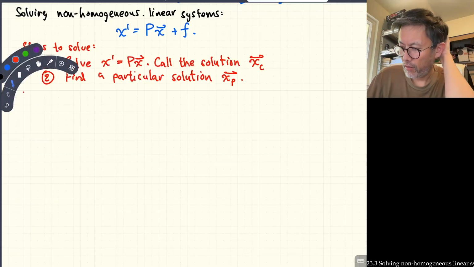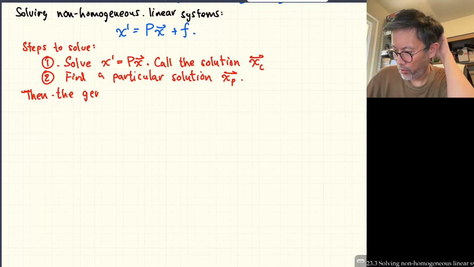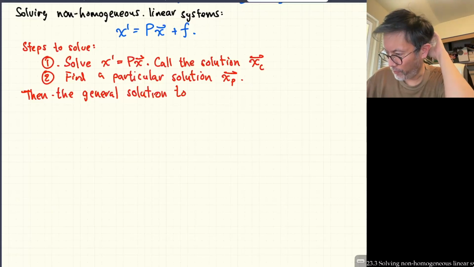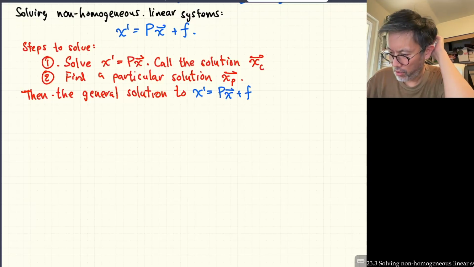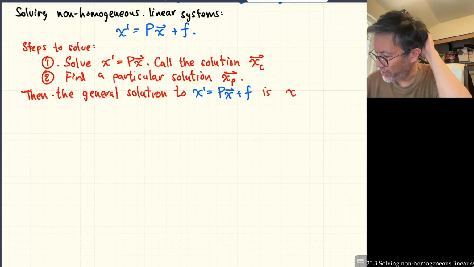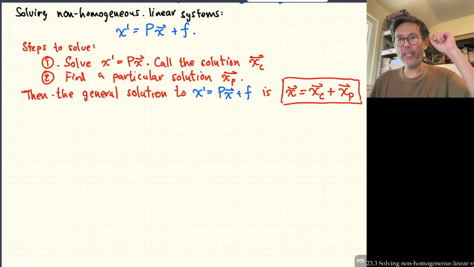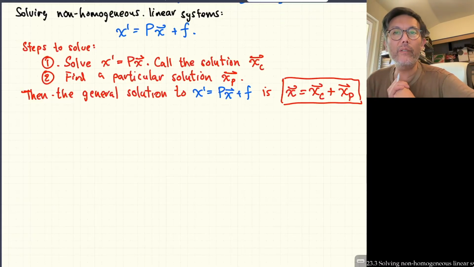Then the general solution to this equation, x prime equals Px plus f, is x equals x sub c plus x sub p. Okay? Now, I won't go through the details and check this. You can check this yourself.